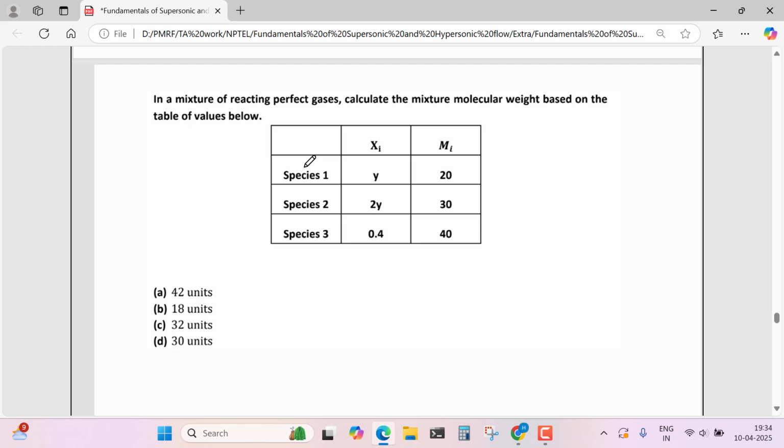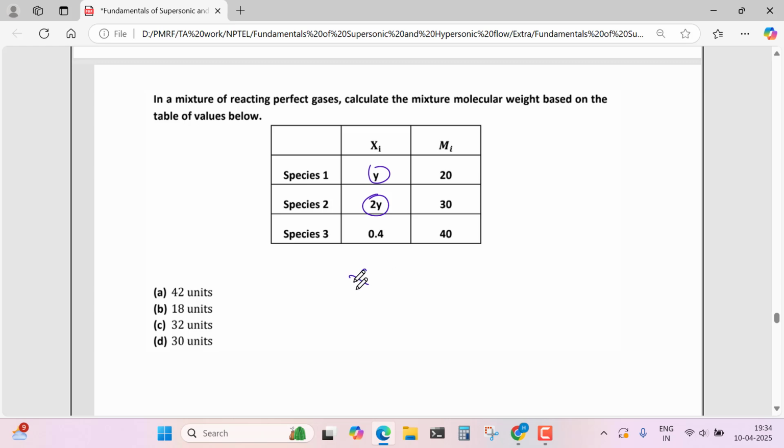In a mixture of reacting perfect gases, calculate the mixture molecular weight based on the table of values below. There are three species, 1, 2, 3, and their mole fraction and molecular weight are given. The mole fractions of species 1 and 2 have a coefficient y, so we have to find y first.